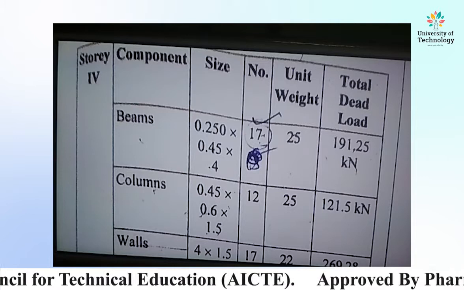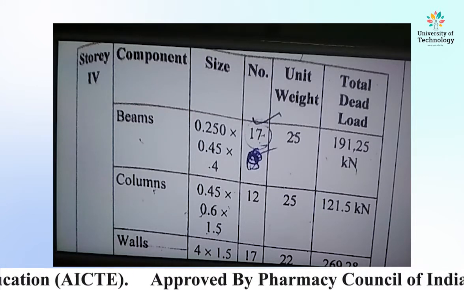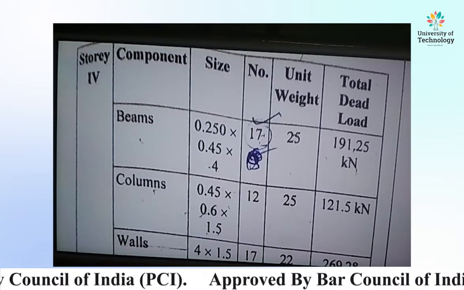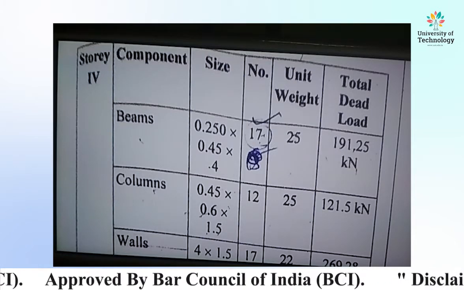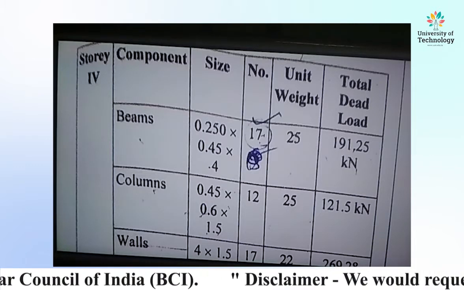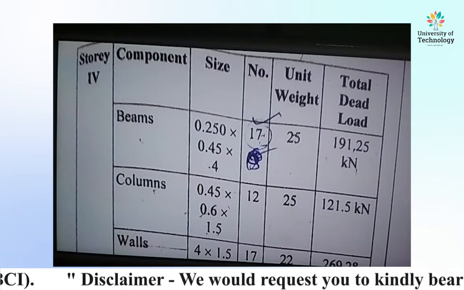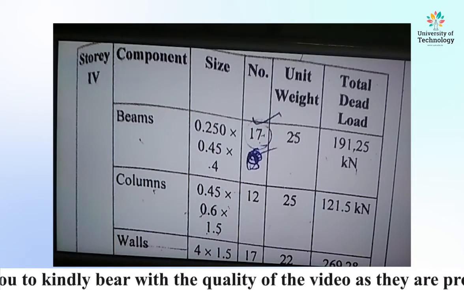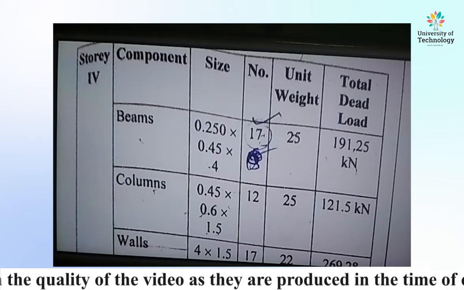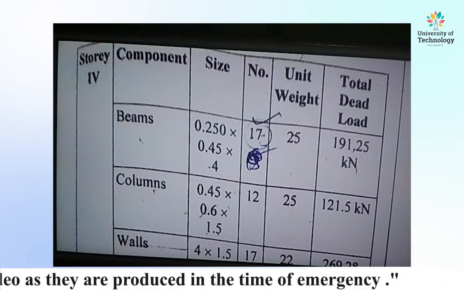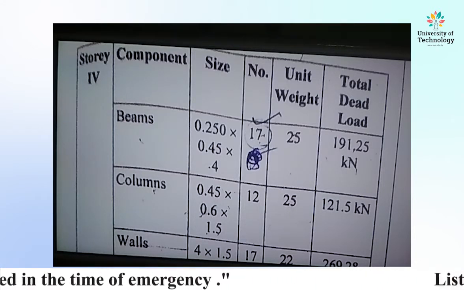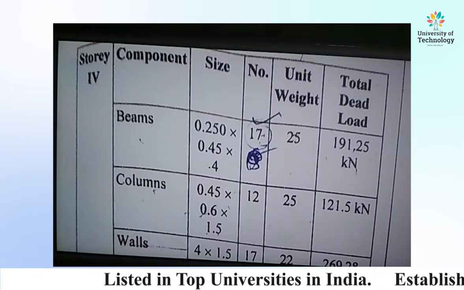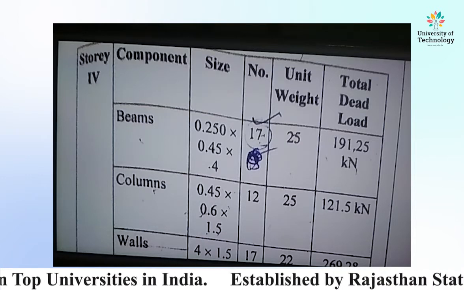After calculating the volume, volume into number of beams into unit weight, we get the total dead load of 191.25 kilonewton. Similarly, we can calculate the total dead load of the columns, which is 121.5 kilonewton.